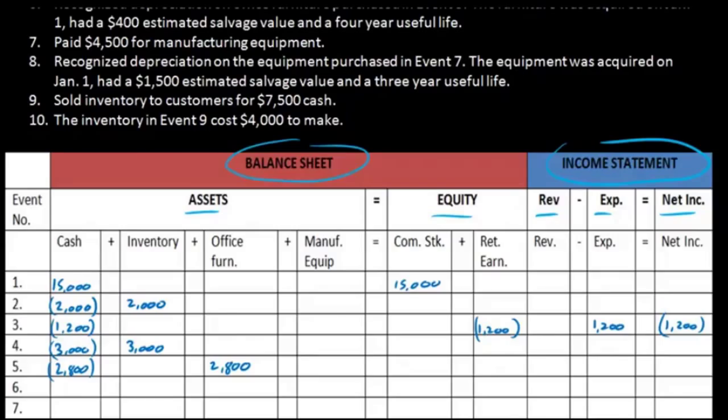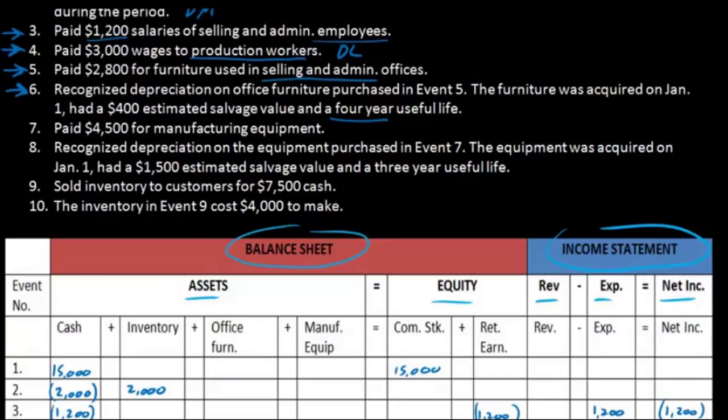And that's what's going on in transaction 6. Transaction 6 says recognize depreciation on office furniture purchased in event 5. It says the furniture was acquired on January 1st, had a 400 estimated salvage value and a 4-year life. So let's see how much depreciation we need to take.